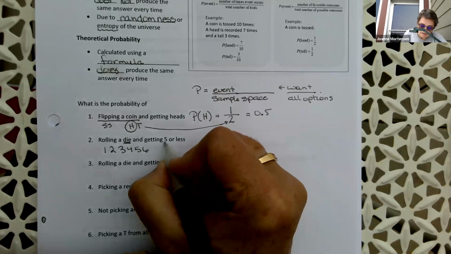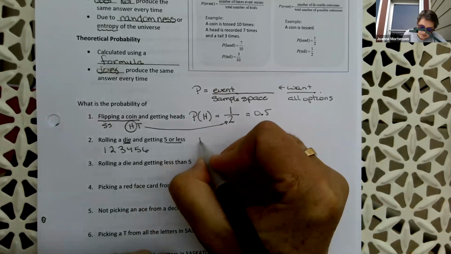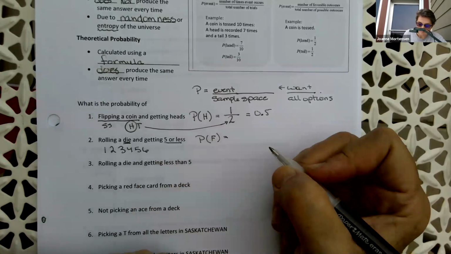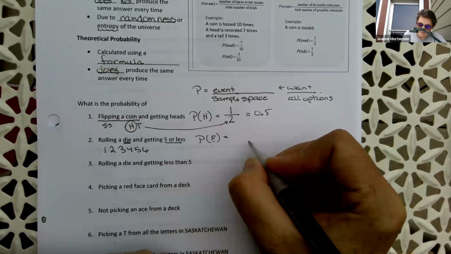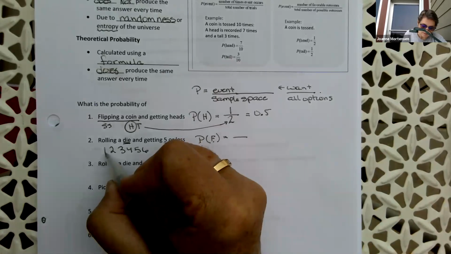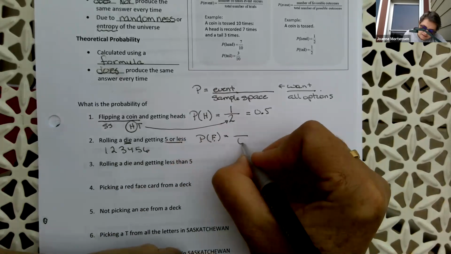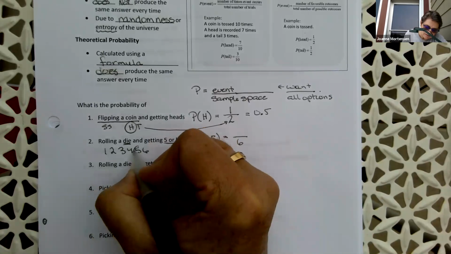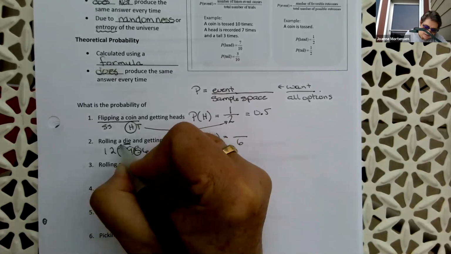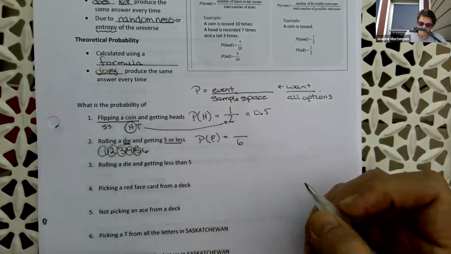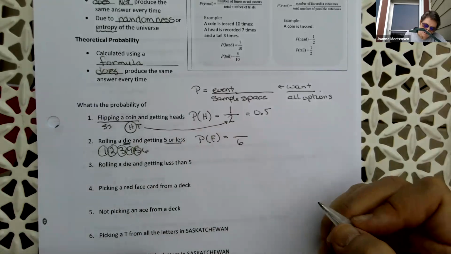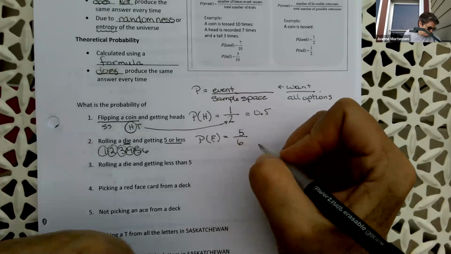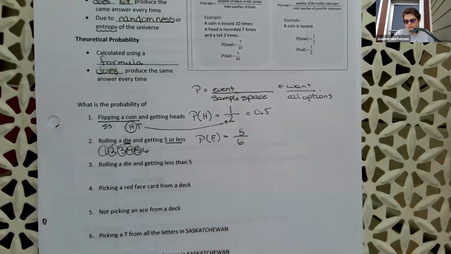The probability of getting 5 or less: our sample space is 1, 2, 3, 4, 5, 6, so 6 chances. And I want 5 or less, so 5 is good, or less. All of those ones I circled are my events. So there's 5 of them. And there it is.